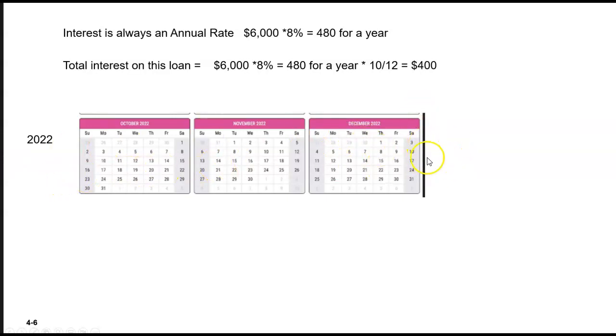So if we're at December 31st, 2022, we're going to look back in time and see we've borrowed this $6,000. We've used it October, November, December, 3 months. So the cost of using that money in 2022 is the $480 times 3 out of 12 months, or $120.